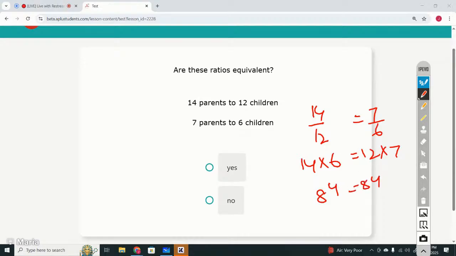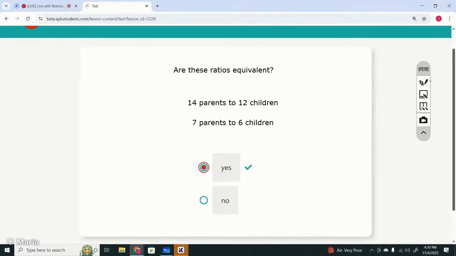Sides are exactly equal. The correct option is yes, they are exactly equivalent.